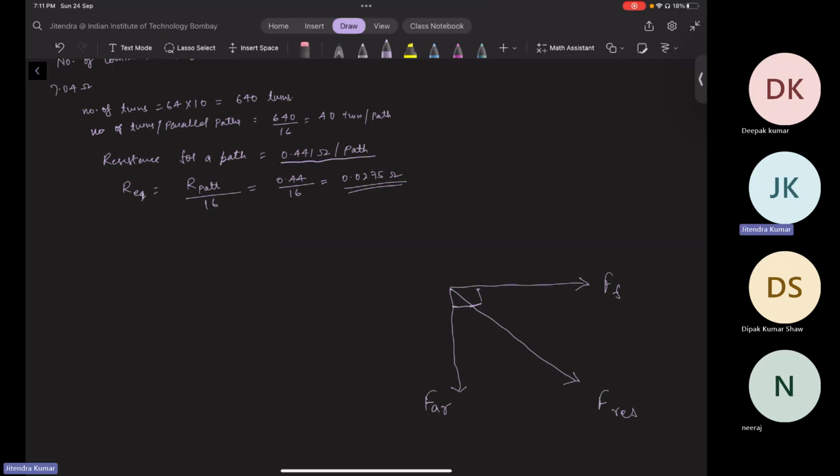So we have to shift the brush axis. Brush axis are placed on which axis, along the field or along the armature? So magnetic neutral plane, magnetic neutral axis. So that is this axis, right? This is GNA. Now you have to shift your brush again by this angle.